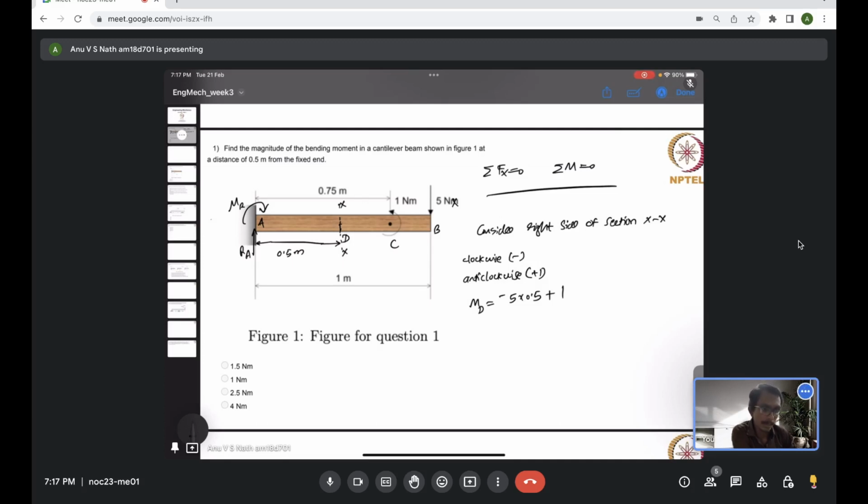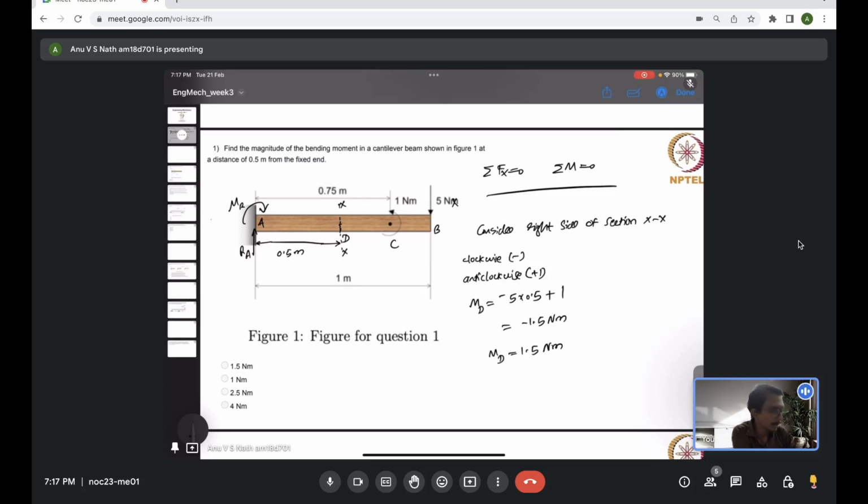So at location C, a moment is acting, not a force, so we don't need an extra moment arm. We can just add the moment on the right hand side. So what we will find is that it's minus 2.5 plus 1, which is minus 1.5 Newton meter. So it's basically the moment at D is 1.5 Newton meter.